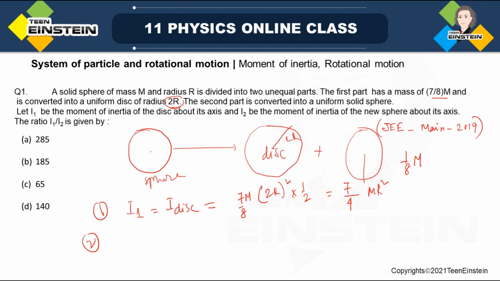The other mass was 7 by 8 M, so this mass is 1/8 of the original mass. So I2 is equal to, let us say, M by 8, this is the mass, into small r square, times 2 by 5. This small r we have to find out.